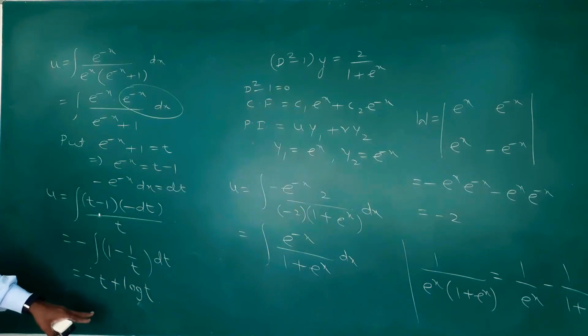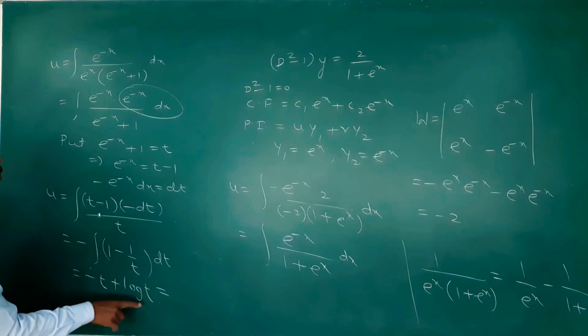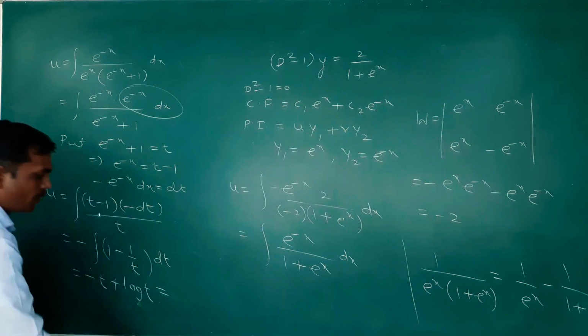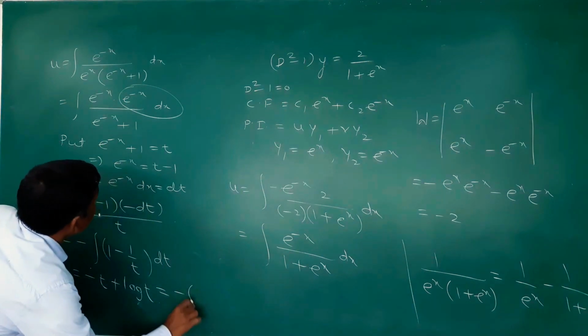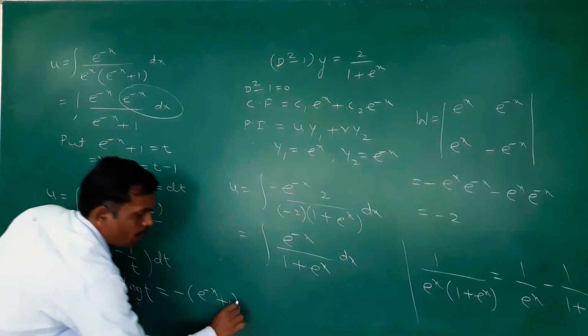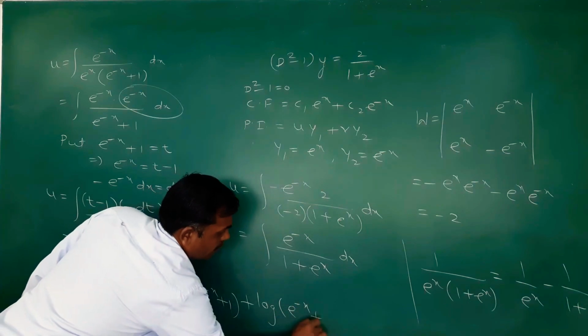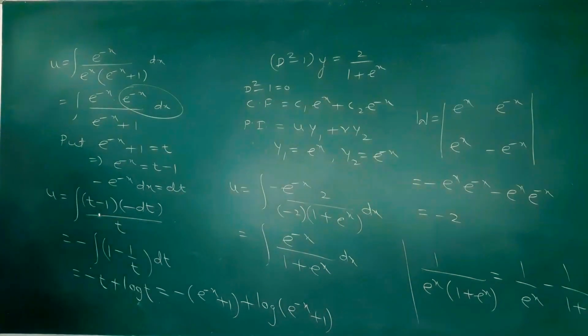In fact, it is ln of t, but we have a habit of writing log, no problem. So here write down the value of t. Value of t is e raised to minus x plus 1. So here minus e raised to minus x plus 1, plus ln of e raised to minus x plus 1. This is the value of u.